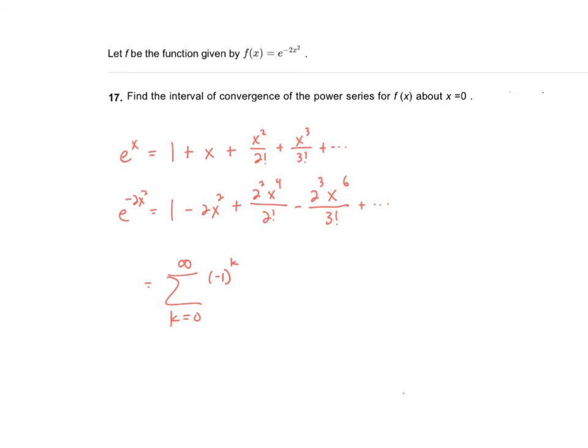And then these terms are like 2 to the 1, 2 to the 2, 2 to the 3, so this is 2 to the k. And then this is x to the 2k, all over k factorial.